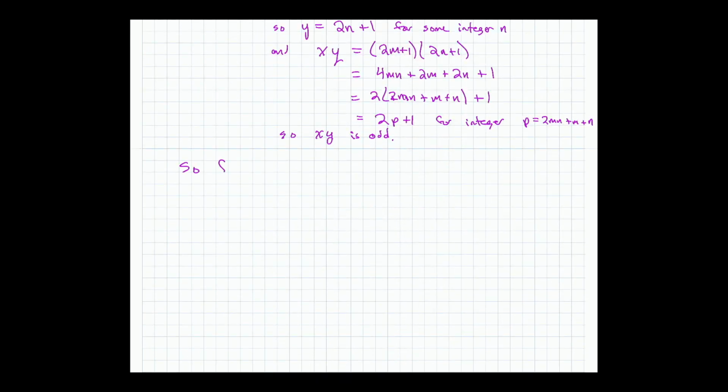So once we think we did it, we can just write: if, let's see, what was it? If x or y is odd, then xy or x plus y is odd.